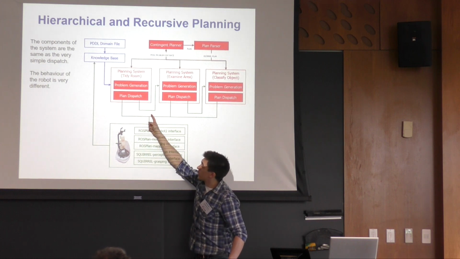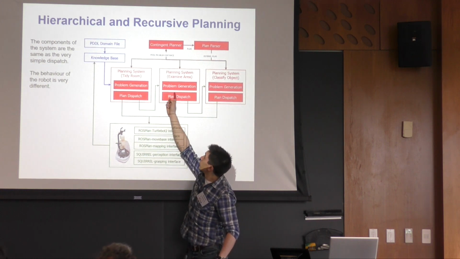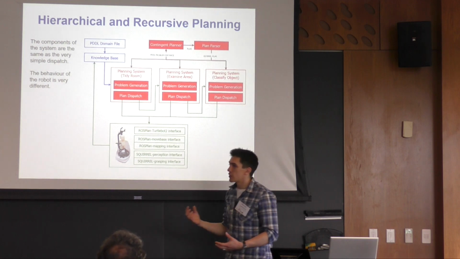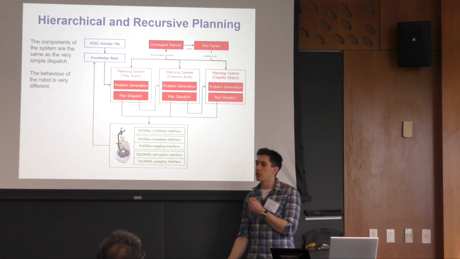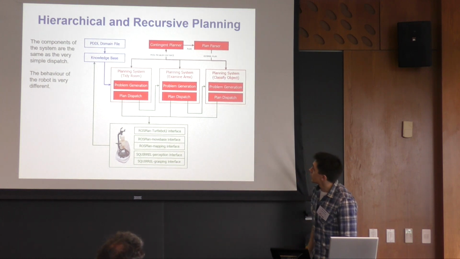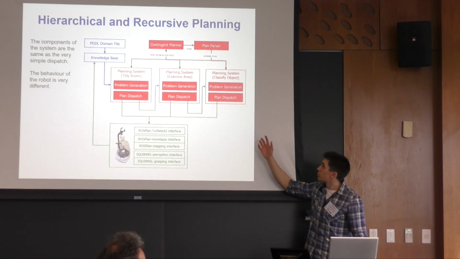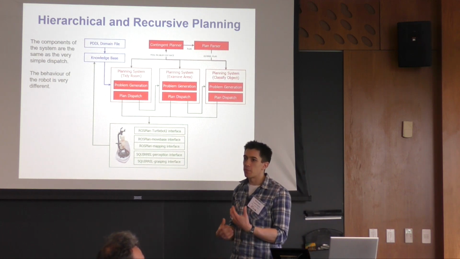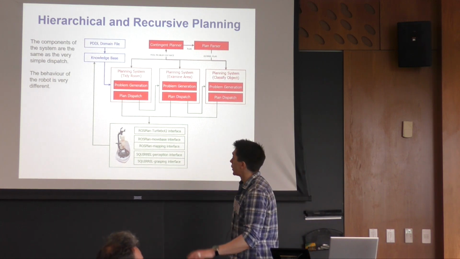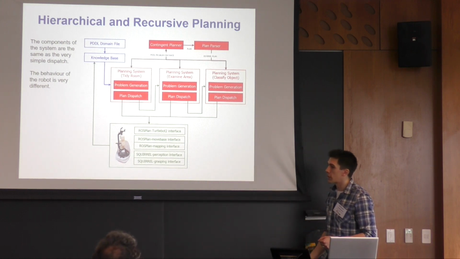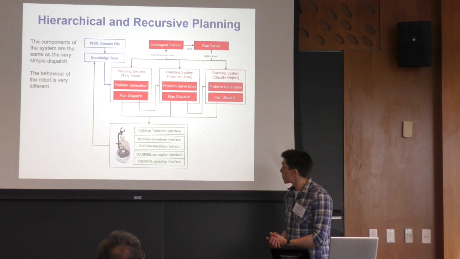But these executives are sometimes dispatching actions which cause a new problem to be generated and a new executive to start beneath, which will then return success or failure to its parent. One thing to know is that we were fortunate enough to be able to use the same plan representation and planner for every level of our hierarchical planning. In this case, we used a contingent planner and we had no temporal constraints.